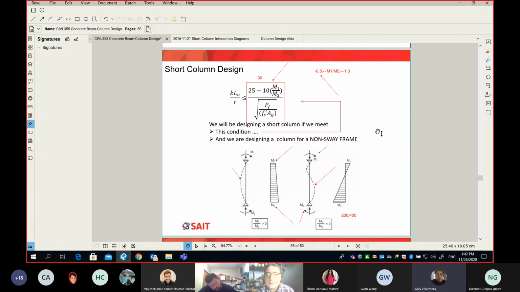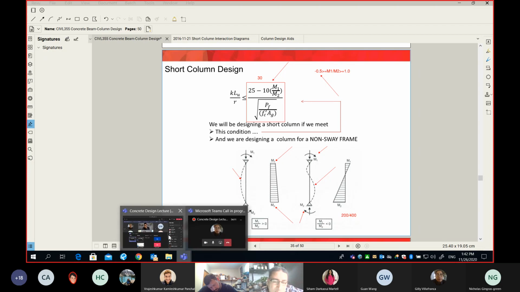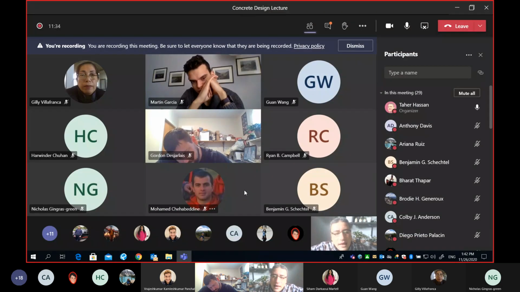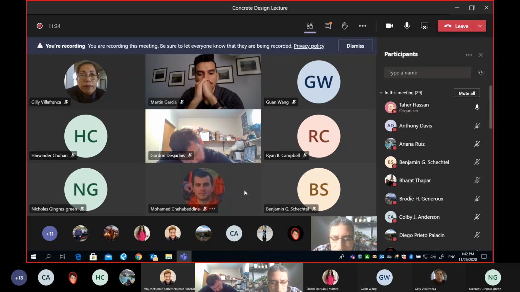I think we have to adjust our design with the Ag. Anybody, guys, following? Anybody want to add to Jelly? My question one more time is, you are designing a column, and during your design you check this condition: the lambda for your column is more than the lambda maximum.